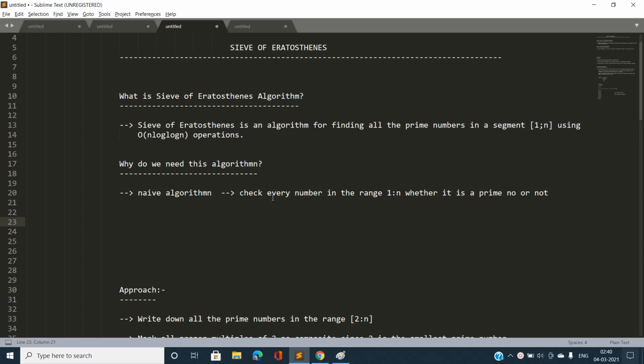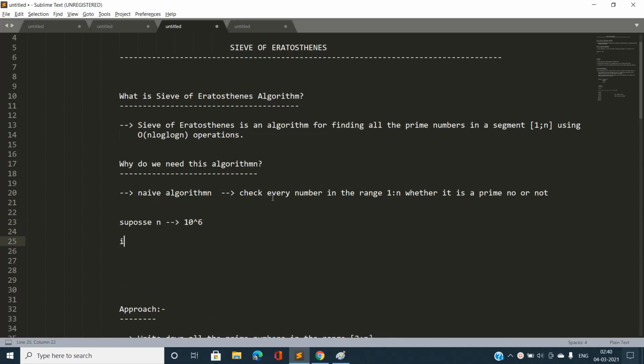Suppose we have n tending to, let's say, 10 power 6, and we are going to iterate for every i from 1 up to n.